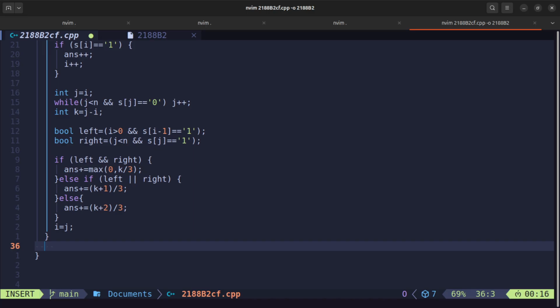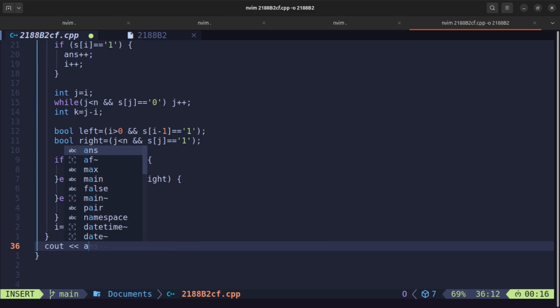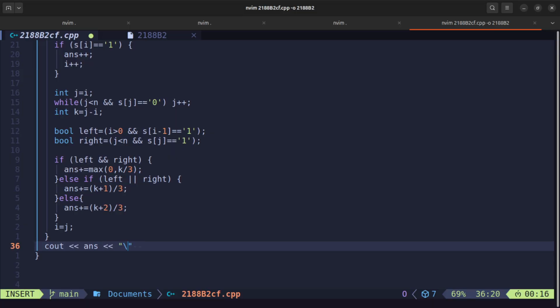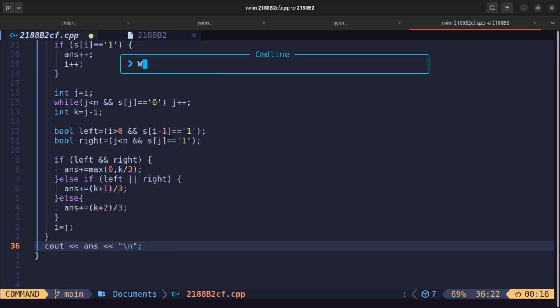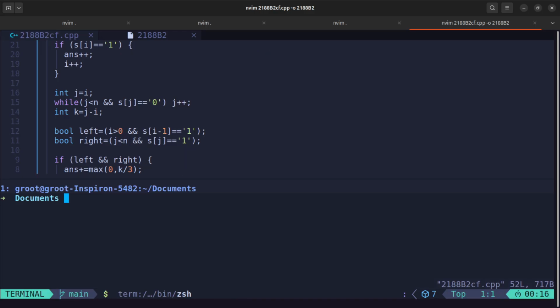After that we'll output our answer, which would be cout ans. So let's run this code.